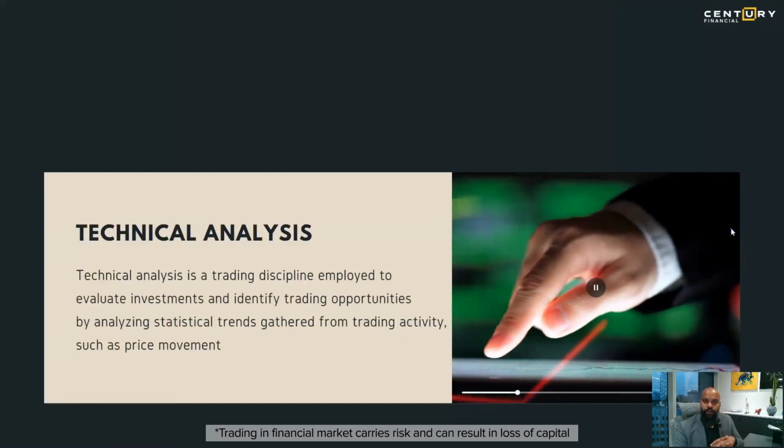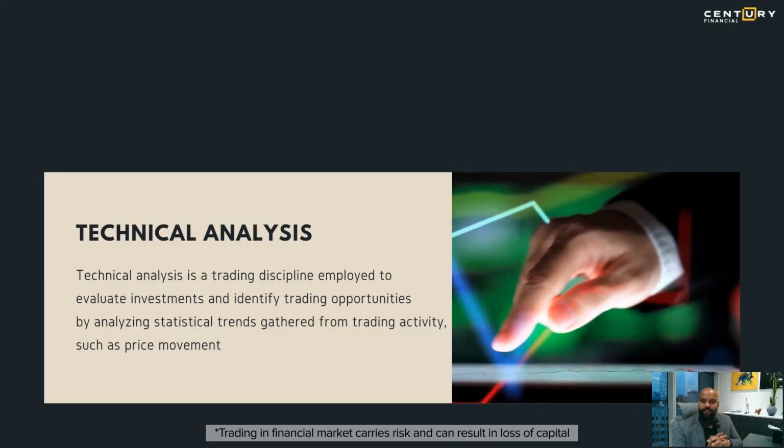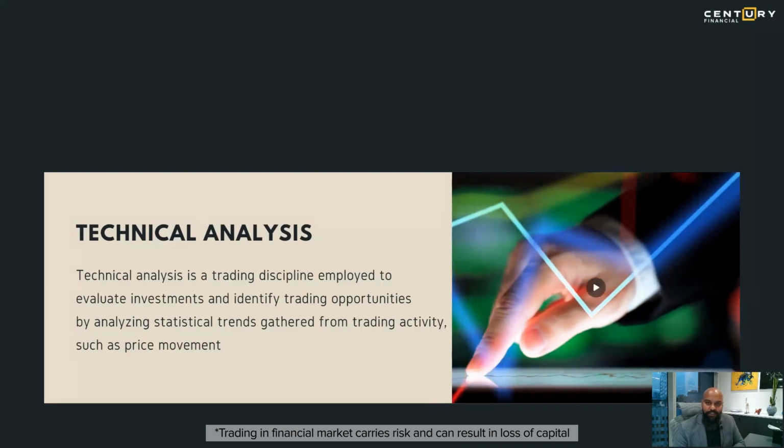All right. So, for those of you who do not understand technical analysis, let me give a very simplified version of what technical analysis is. When someone is investing or trading in the market, there are two types of analysis they look at. One is fundamental analysis, the other is technical analysis. Fundamental analysis deals with everything to do with that particular company, stock or commodity.